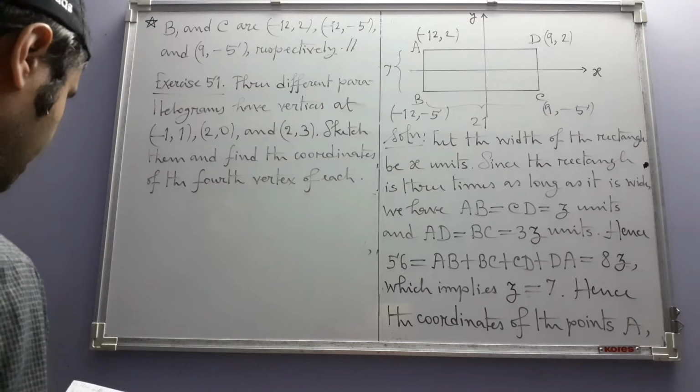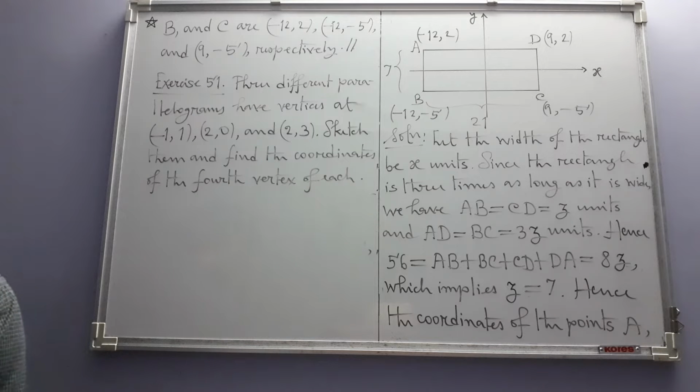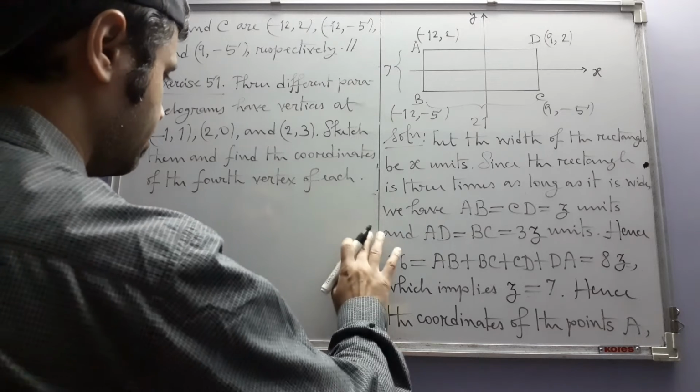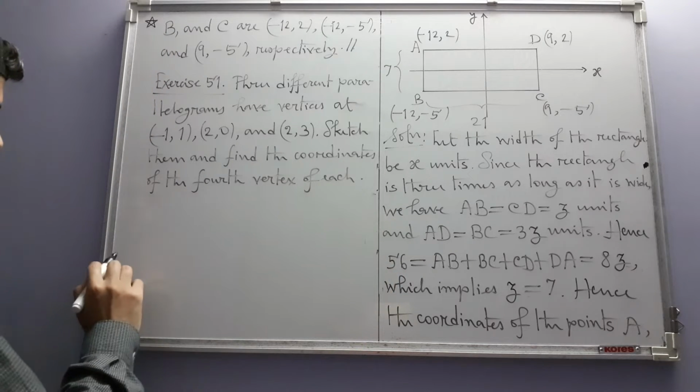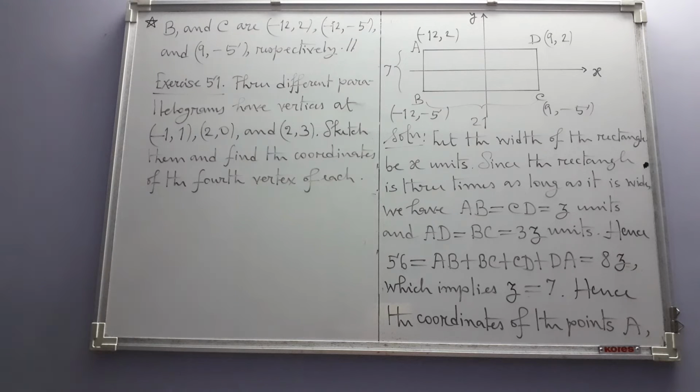Okay, so this time we have to sketch, and from the figure itself we have to find the coordinates of the fourth vertex of each one. Can we draw the figure here, or will it be better to draw it there?